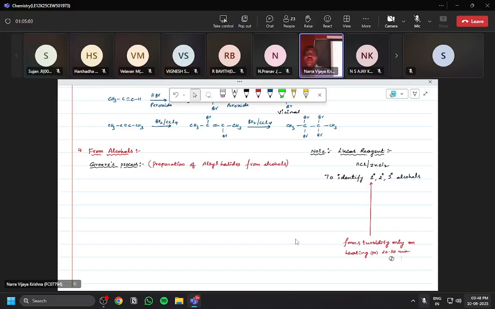That's why we say primary alcohols will not form turbidity. Now, secondary alcohols form turbidity within approximately 5 minutes. Tertiary alcohols give turbidity immediately.